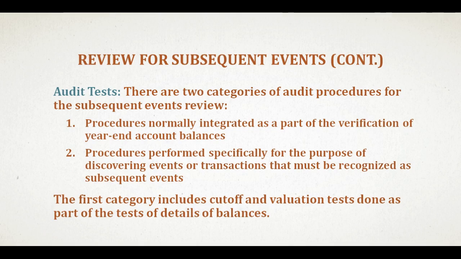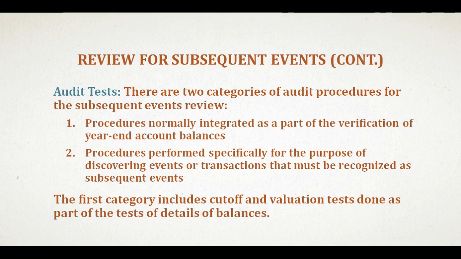There are two categories of audit procedures for the subsequent events review. The first category is one where procedures are normally integrated as part of the verification of year-end account balances, and the second category is procedures performed specifically for the purpose of discovering events or transactions that must be recognized as a subsequent event.